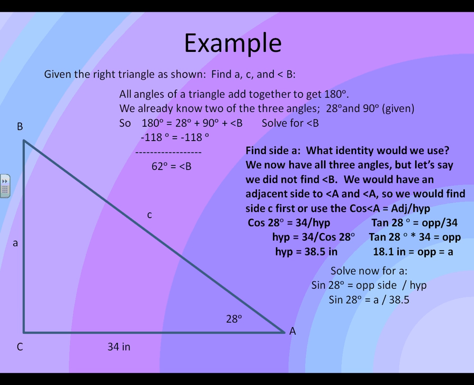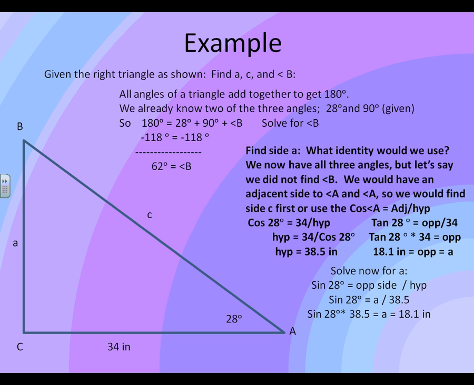To solve for the opposite side, we already know that the hypotenuse is 38.5, so we would multiply both sides by 38.5. And by doing so, we get 18.1 equaling A, where the sine of 28 degrees times 38.5 equals 18.1. And that is in inches.